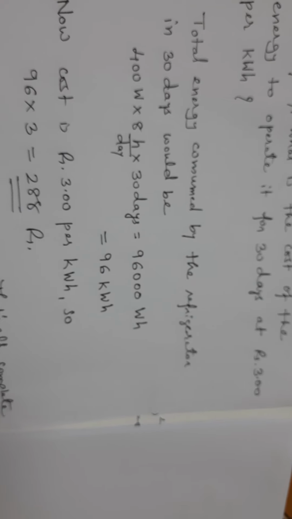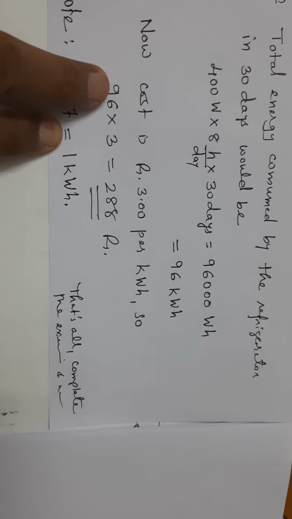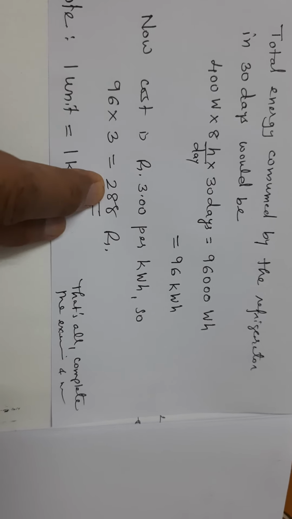So total consumption will be 96,000 watt hour. If you convert it into kilowatt hour, it will be 96 kWh. 96 kWh means 96 units, because as I said, 1 kilowatt hour means 1 unit. So 96 units into 3 will make it 288 rupees.